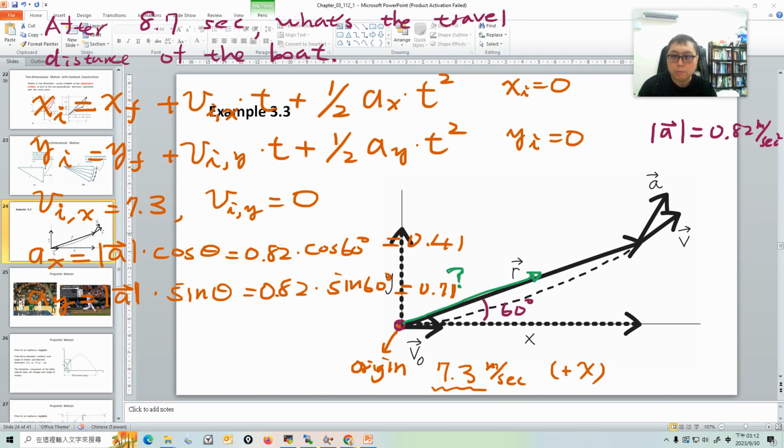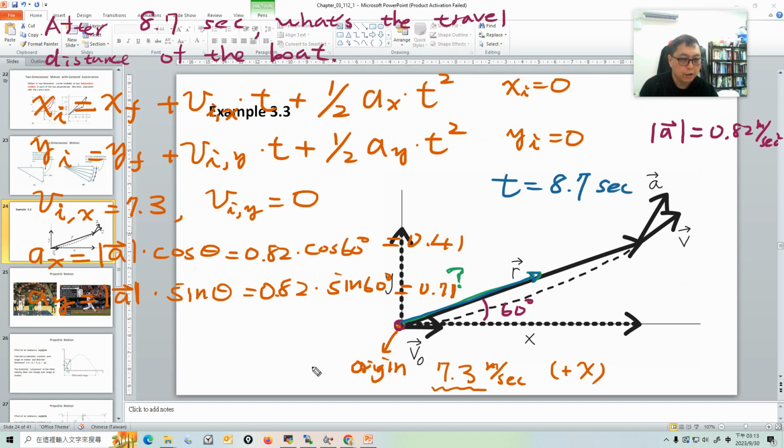So he wants the travel distance after 8.7 seconds. Yeah, I keep saying 2.7. 8.7 seconds, so t is 8.7 seconds.